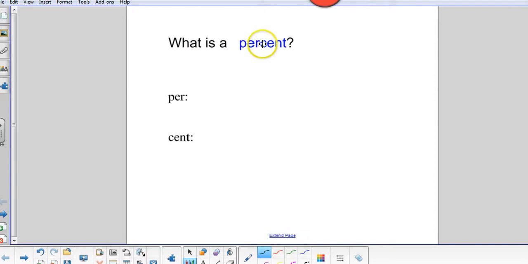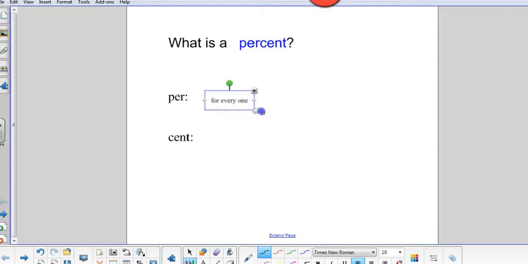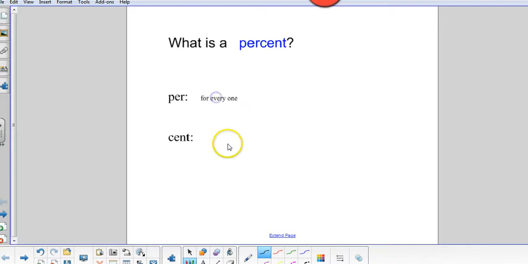Think about what is a percent. Well, per from our last chapter means for every one. Thinking about miles per hour, it's for every 1 hour, and cent is for 100. So percent together would mean for every 100. So how many out of 100?